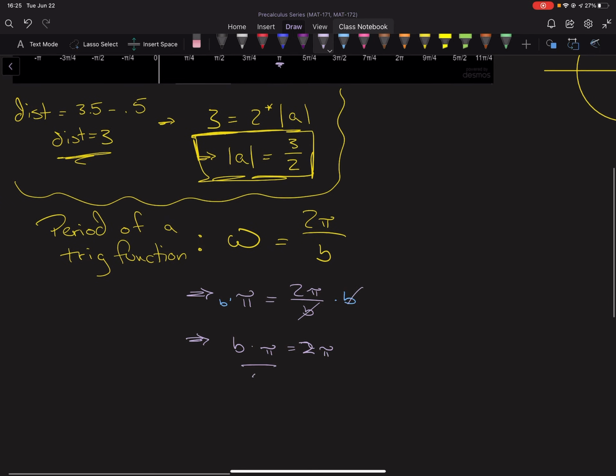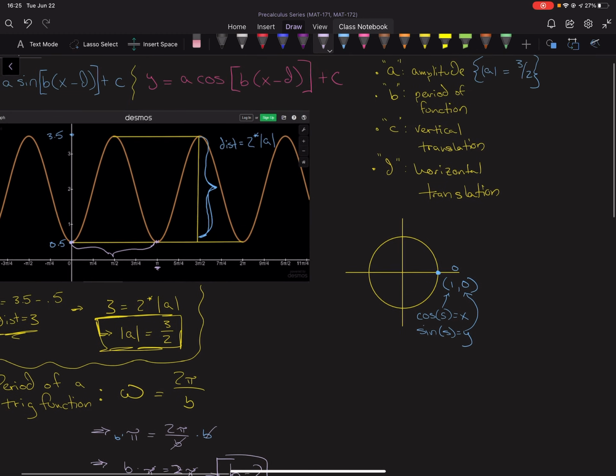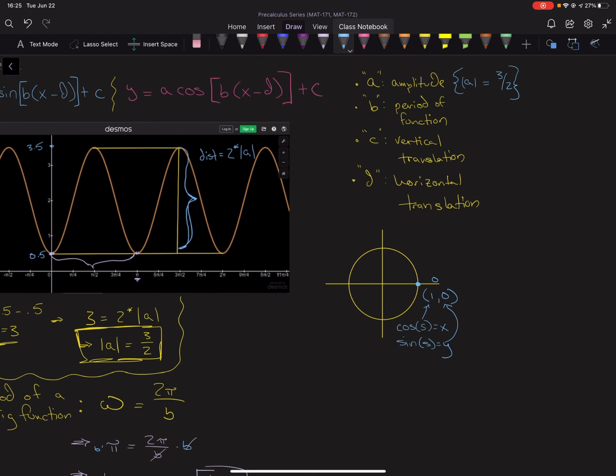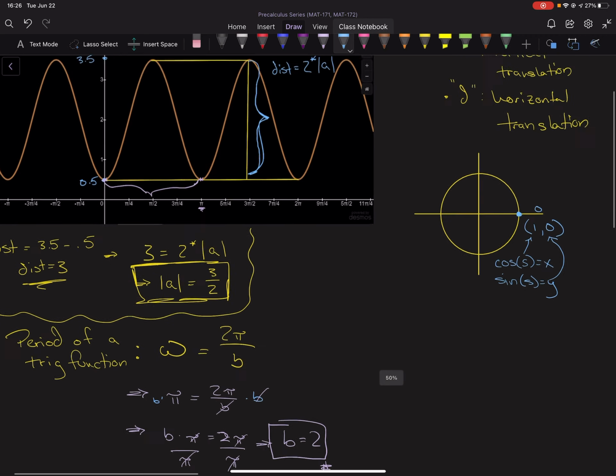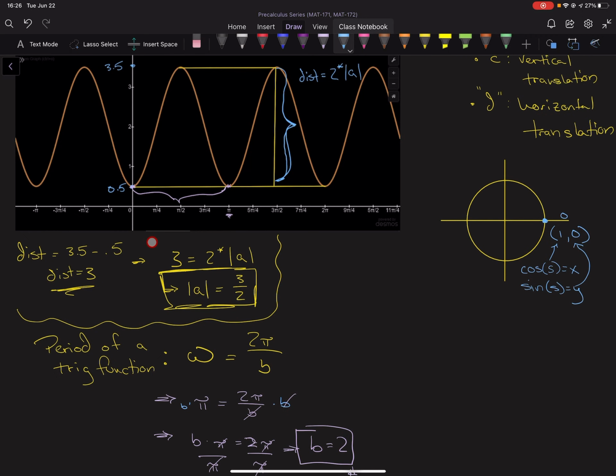Then we can isolate b by dividing both sides by pi, and lo and behold, b is going to be equal to 2. So updating our information up here, b equals 2. So again, just a quick recap. You just need to determine the amount of distance it takes on the x-axis for that particular point in the range to occur again. All right.